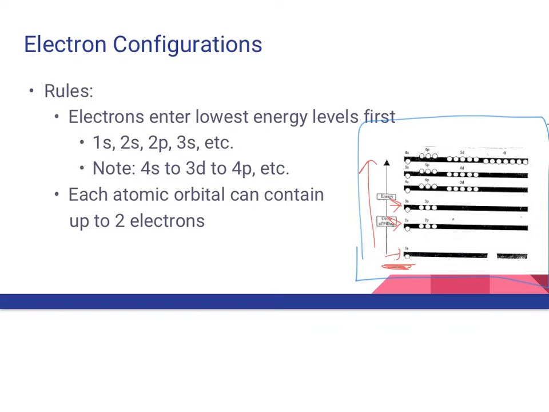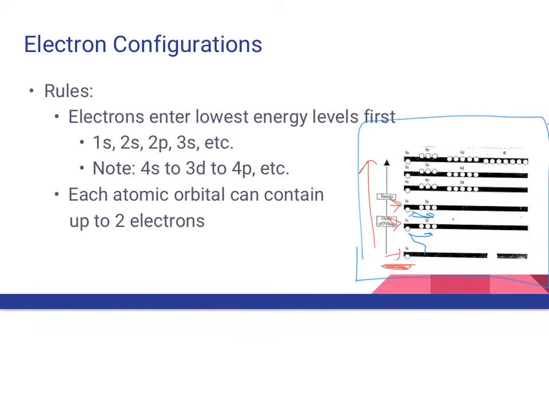So when we fill our energy level diagram, we want to make sure that our electrons enter the lowest energy level first. They're going to start down here at the 1s. When that's full, they'll move to the 2s, then the 2p, then the 3s, then over to the 3p, etc. They cannot move up to the next energy level until all of the electrons have filled in that energy level.